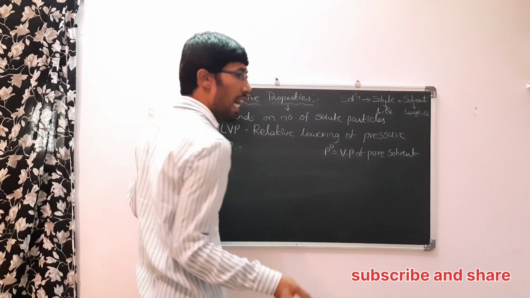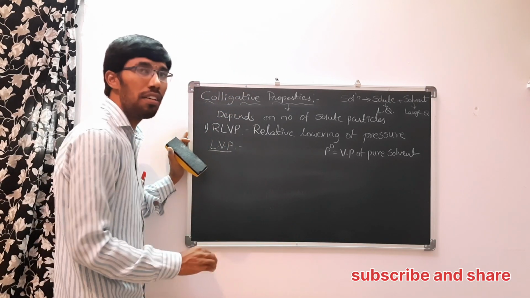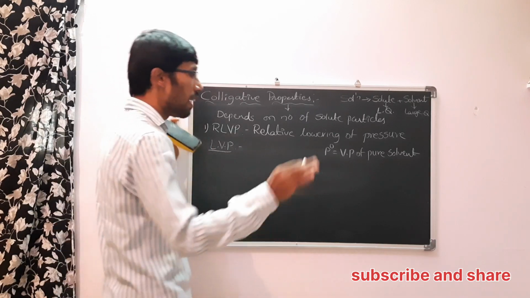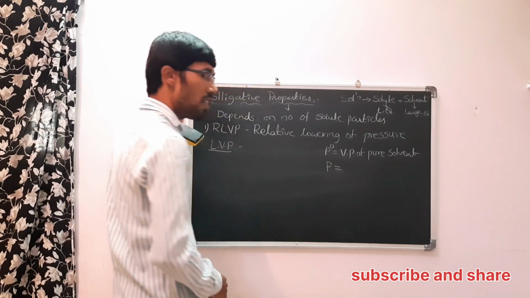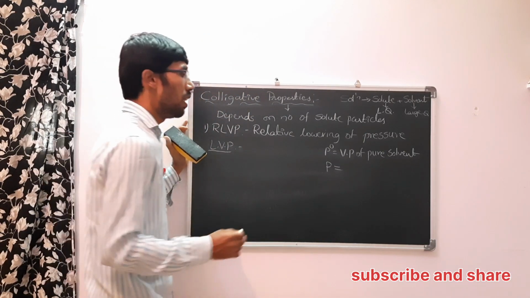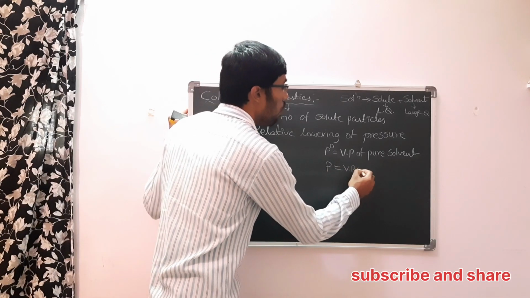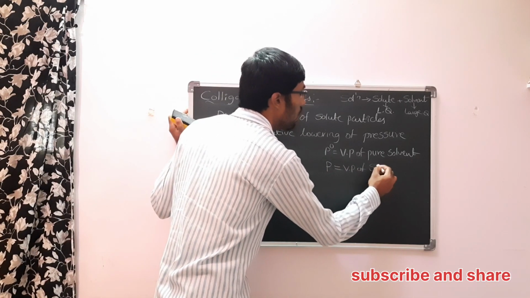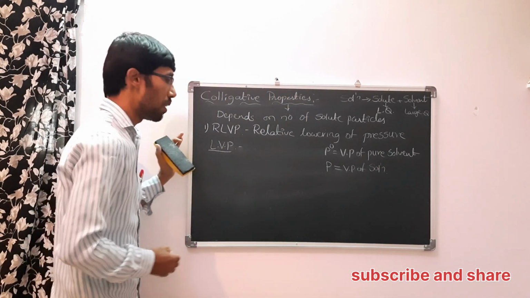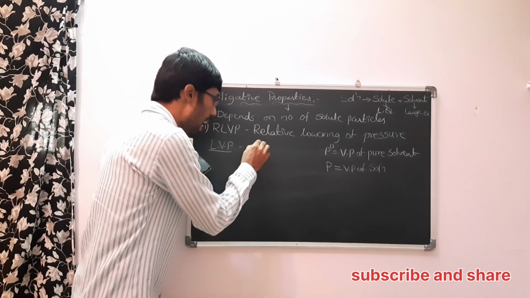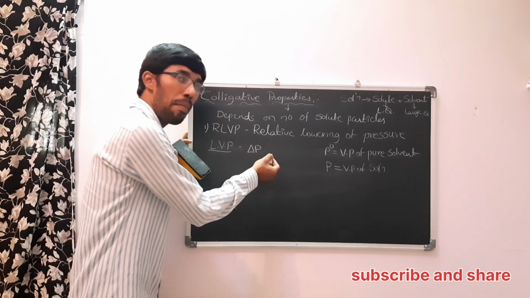Then after addition of a non-volatile solute to the solvent to form a solution, the solvent vapor pressure in the solution, simply we can call the solution vapor pressure, is represented with P. So P means the vapor pressure of the solution. Lowering of vapor pressure is represented as delta P. We know delta means change in the pressure.